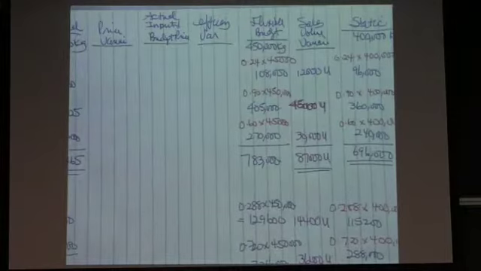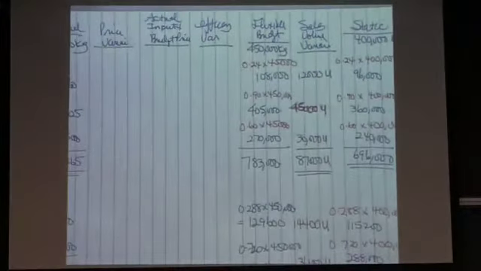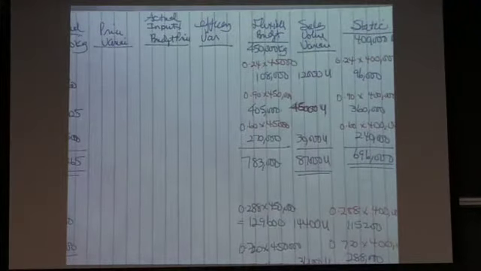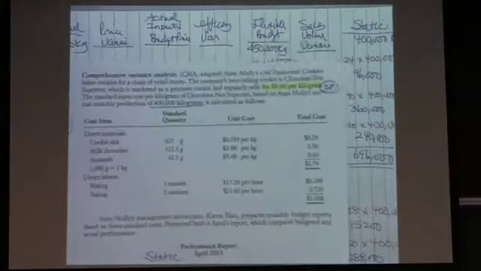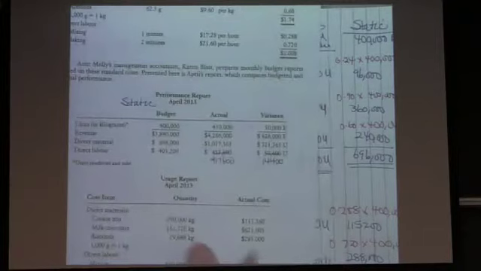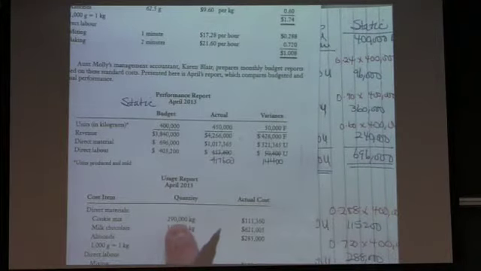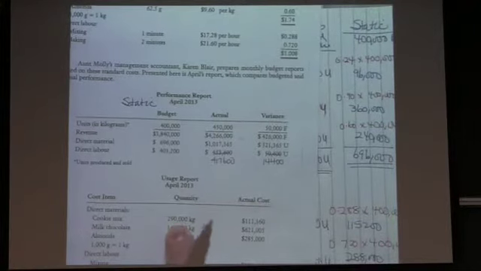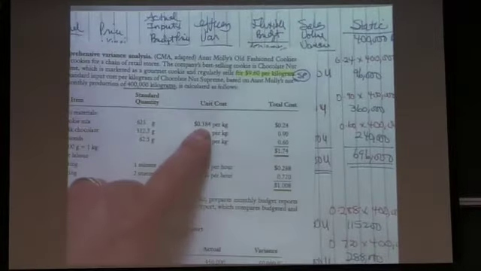So how do we determine this? Let's think about this again. What was the actual input? We used 290 kilograms. What was the standard price per kilogram? 0.384 per kilogram.